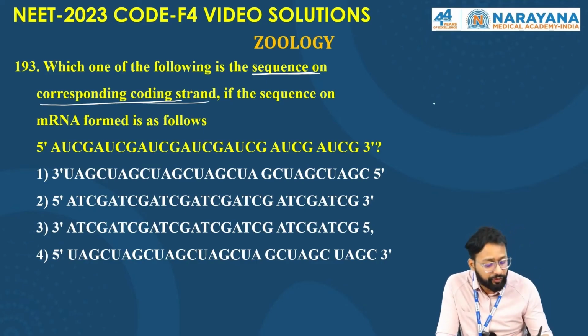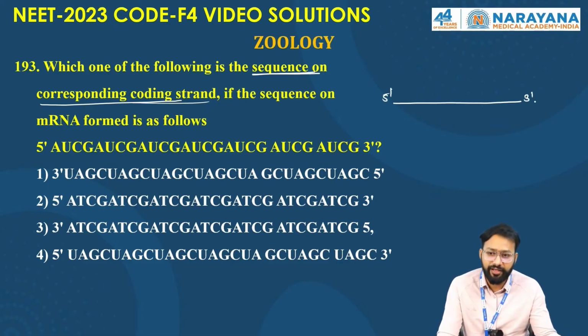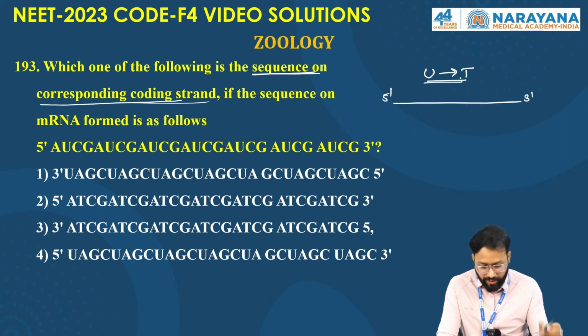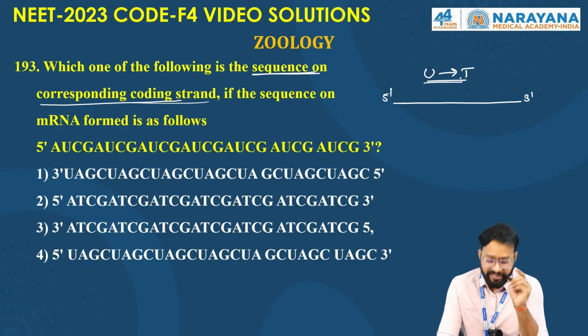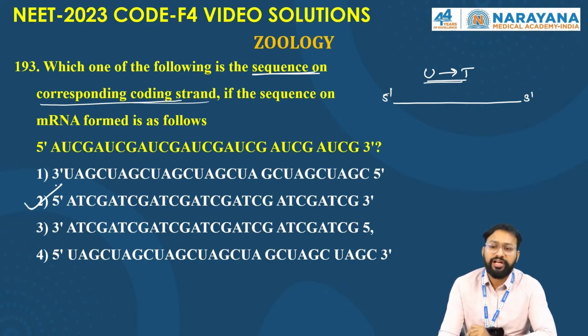Here you have to maintain the same orientation, and the uracil, U, should be replaced by T. Between option 2 and 3, the orientation remains the same in option 2, which would be the correct answer.